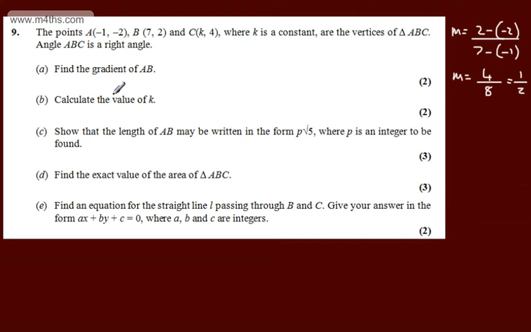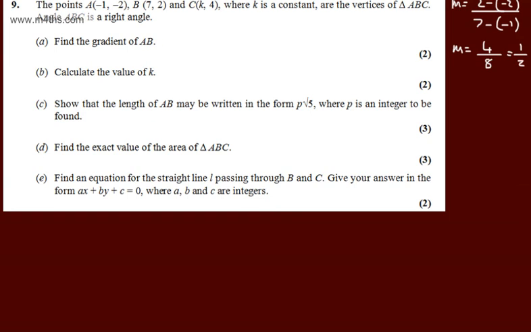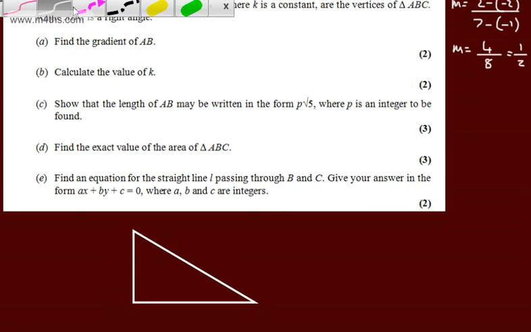In part B, we're asked to calculate the value of k. The question carries 2 marks. A few different approaches that we could use. What I'm going to do is simply draw a triangle. This isn't massively accurate, but should hopefully give us some idea of what's going on.